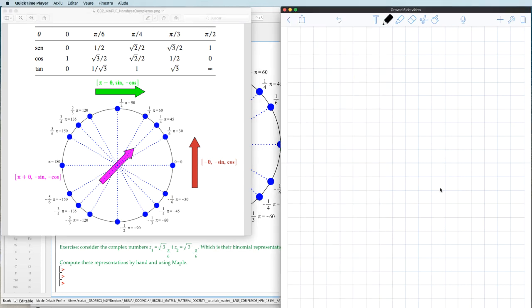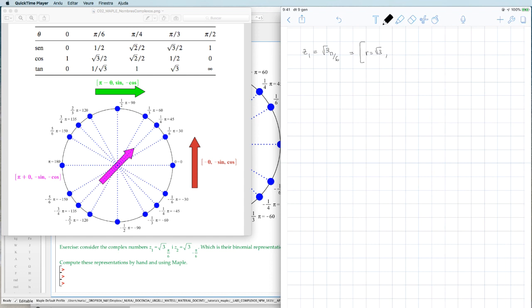So let's start. We have z1 equal to square root of 3, pi over 6. So from what we know here, the modulus is square root of 3, the argument is pi over 6. If we use the formula, we have r times cosine of pi over 6 plus r times sine of pi over 6 i.